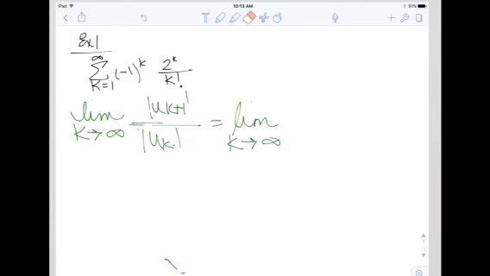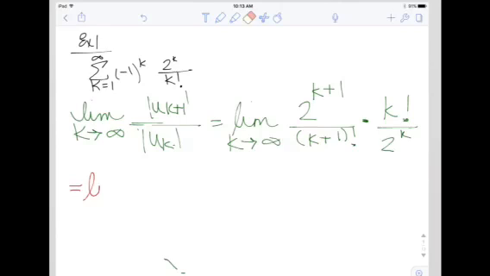So this will be 2 to the k plus 1 over k plus 1 factorial. And for the sake of algebra, I'm going to flip the denominator. It will be k factorial over 2 to the k, because I'm really dividing by this, by the reciprocal of this. So rather than dividing it here, I'm multiplying by the reciprocal to save space.